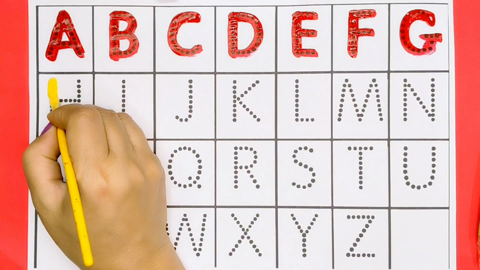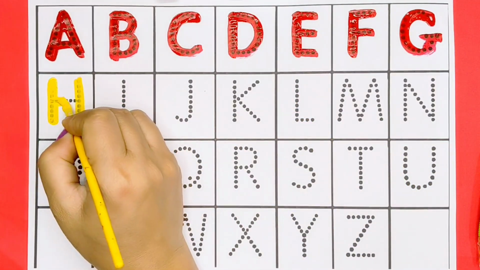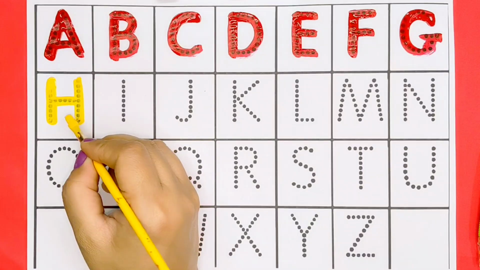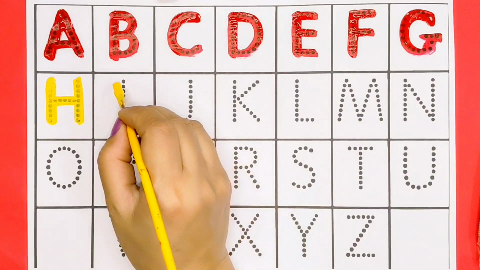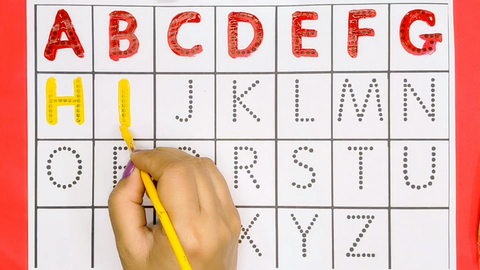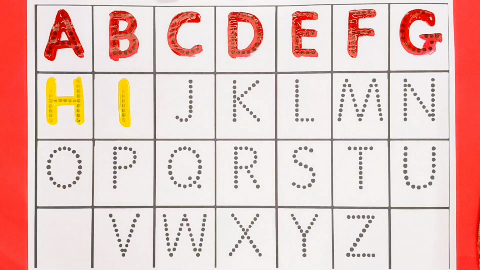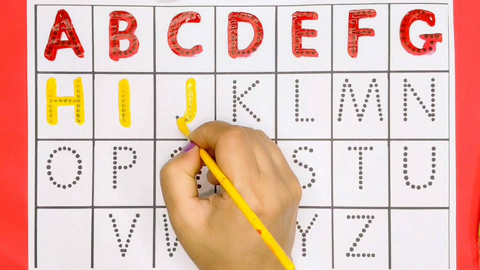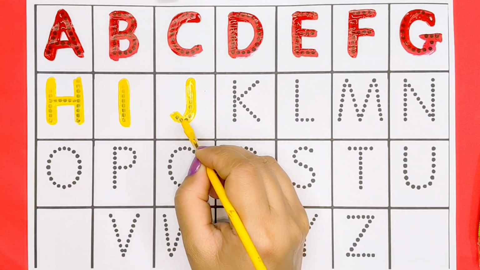Yellow color. H. H for hand. I. I for island. J. J for jug.